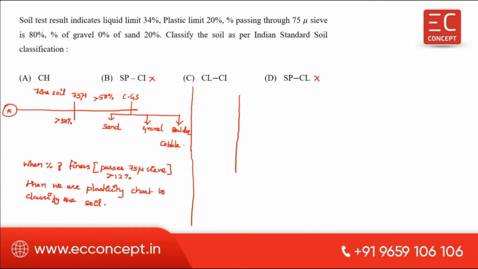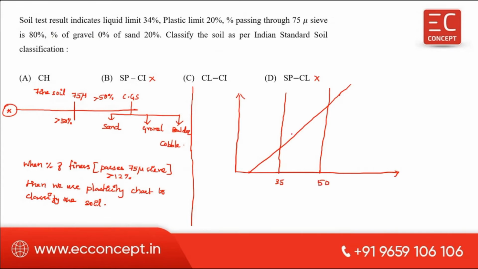Okay, so you know the plasticity chart. So this is the plasticity chart, something like that. This plasticity chart is bifurcated by liquid limit. So this is 35 and this is 50. Above this line is the A line.